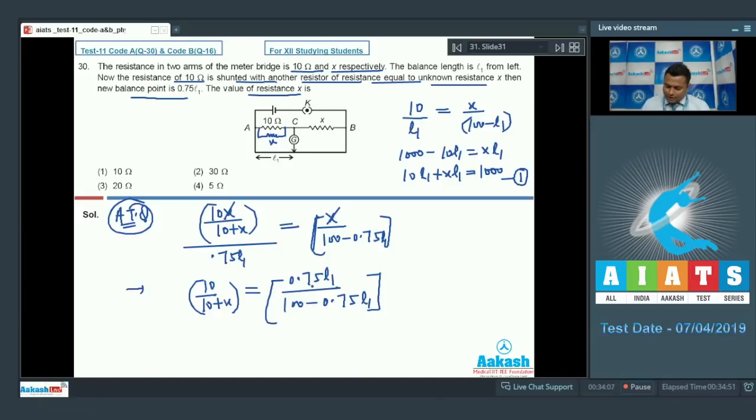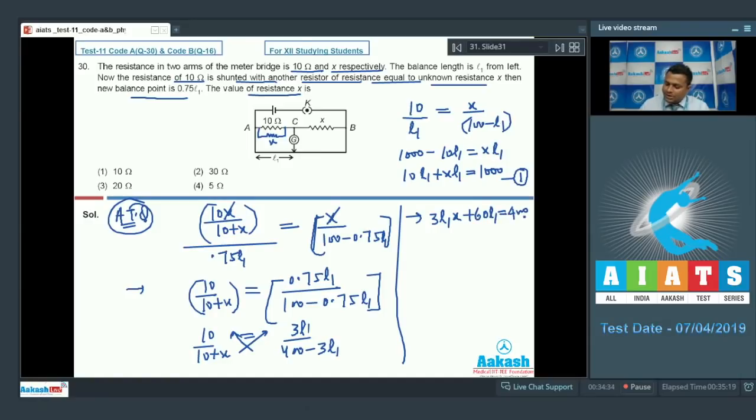So solving it, we will get 10 upon 10 plus X as 3L1 upon 400 minus 3L1. Cross multiplying, we will get another equation in terms of L1, that is 3L1X plus 60L1 equals 4000. Suppose this is equation number 2.